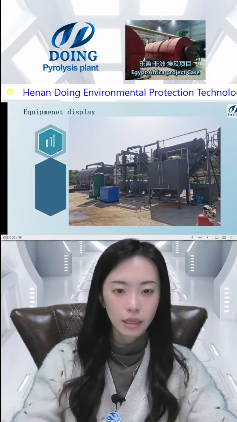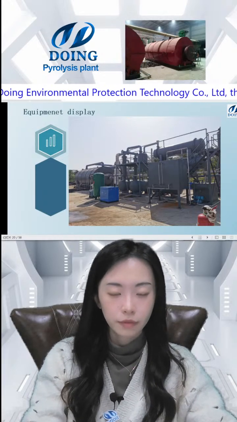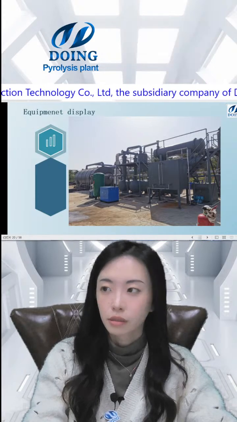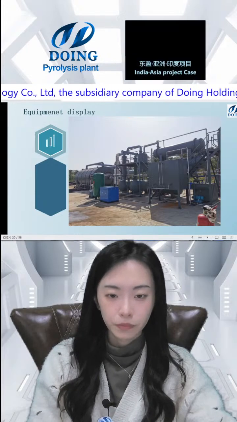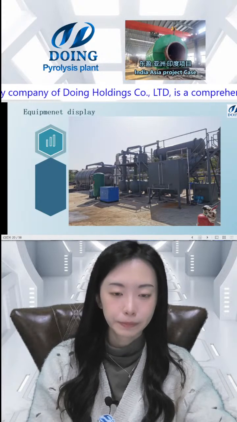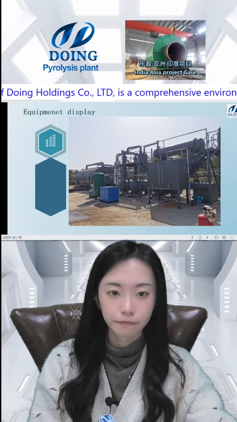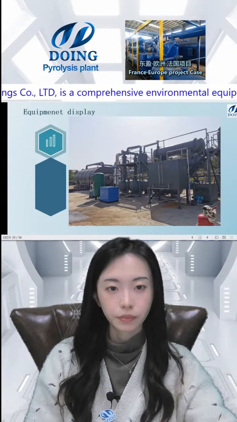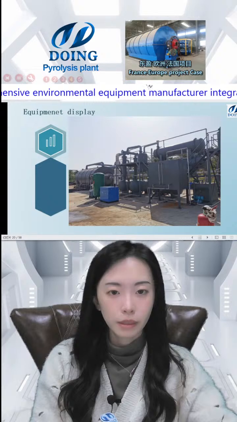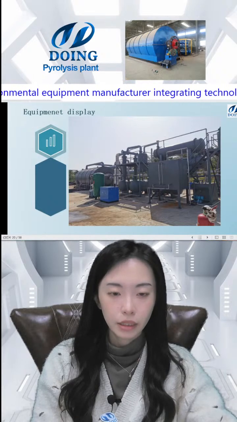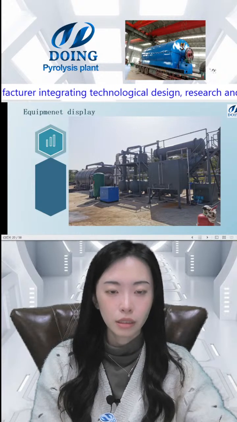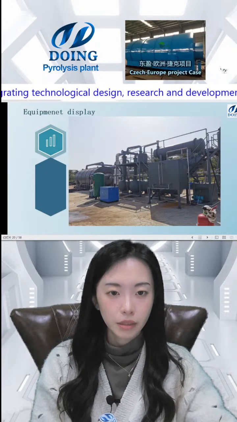And here are some clients' factories. This is a customer in South Africa of a batch type pyrolysis plant for 15 tons. And in this area, we have our many customers in different continents. You can have a look at this. Now it shows the different customers in Europe.